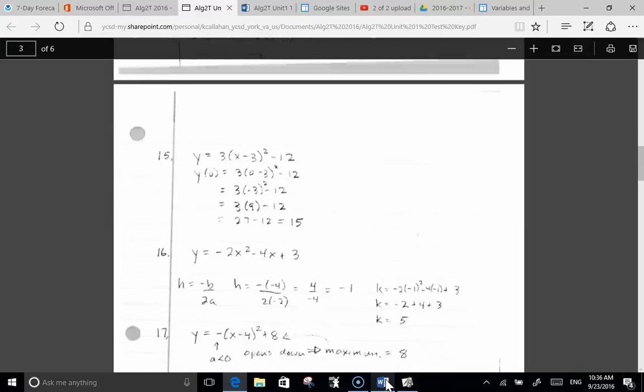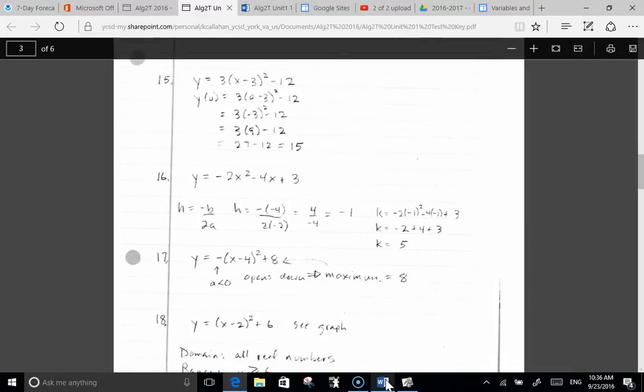Then we get to number 15. 15 said, find the y-intercept. Now, the better people at math substituted x equals 0 and solved for y. That's how you always find the y-intercept. On our last homework assignment, the last problem, we were converting from vertex form to standard form.